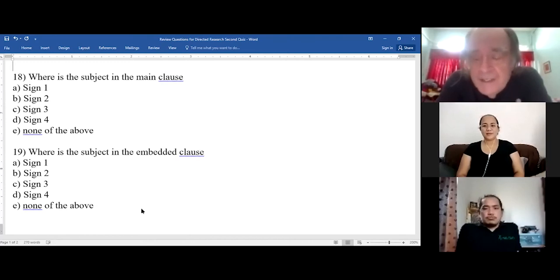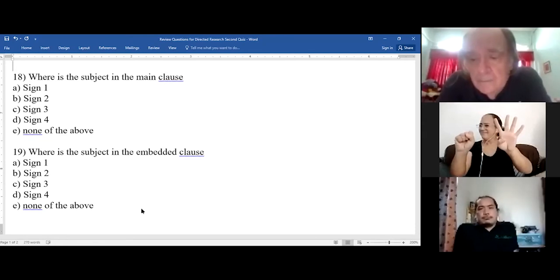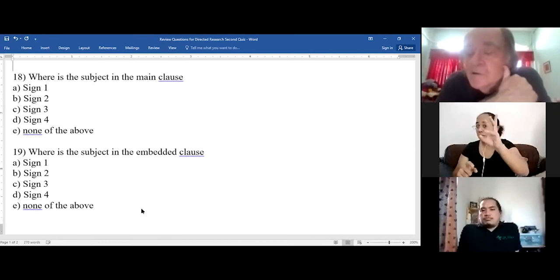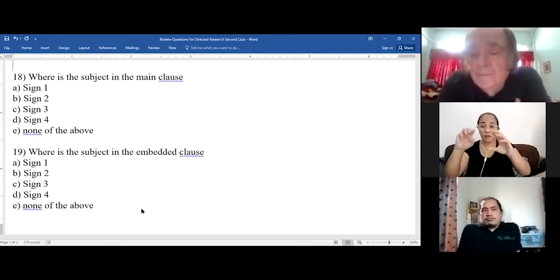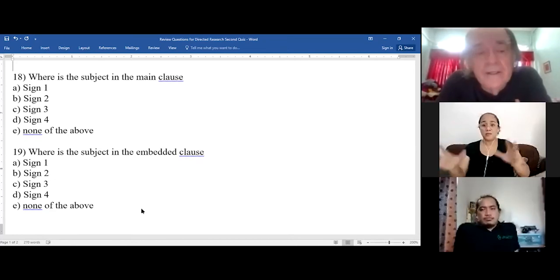So 4 by itself is not the subject of the main clause. 16 is not the subject of the main clause. And to get add together is not the subject of the main clause.